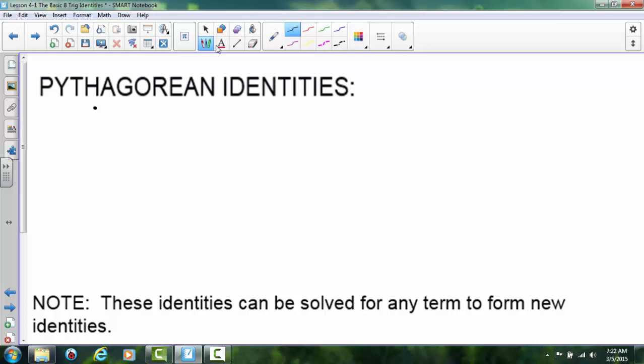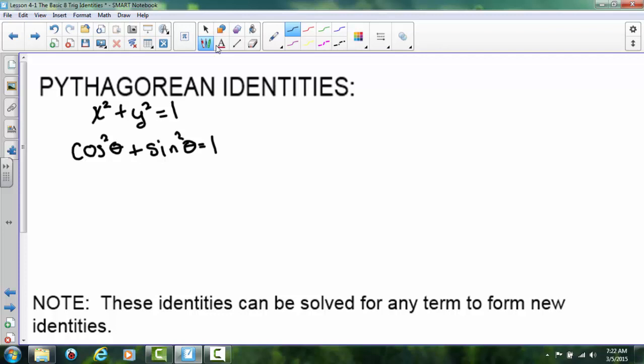Our Pythagorean identities will start with the circle, which was x squared plus y squared equals 1, and then we'll replace, because we know that cosine was equal to x, so x squared would be cosine squared. And since sine was equal to y, y squared would be equal to sine squared.